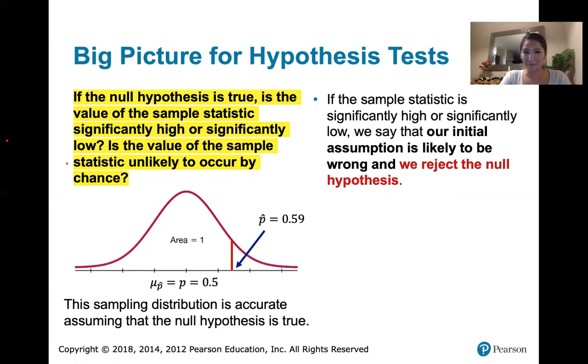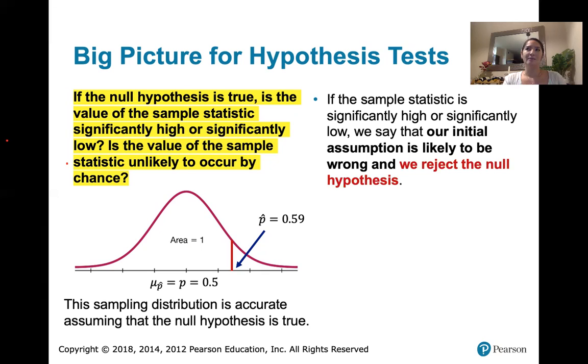But let's say that the probability of getting a p hat value that high or higher than that is 3%. 3% is not zero. I mean, it is still possible to have a p hat value that high or higher at 3%. So there is a chance that you could get that p hat value and the null hypothesis is actually true. So then we would be making a mistake. We'd say, this is very improbable, so our assumption must be wrong.